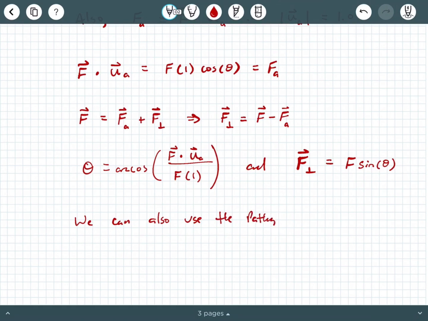We can also use the Pythagorean theorem, and we could say the magnitude of F perpendicular is equal to the square root of the magnitude of F squared minus the magnitude of FA squared. This should be a magnitude here, sorry, get rid of that vector hat.